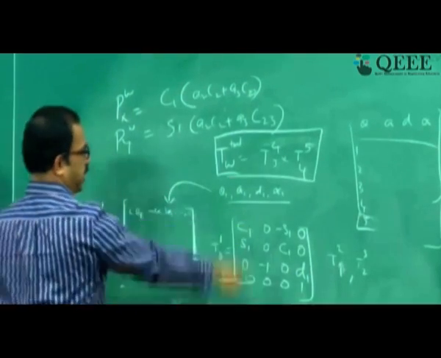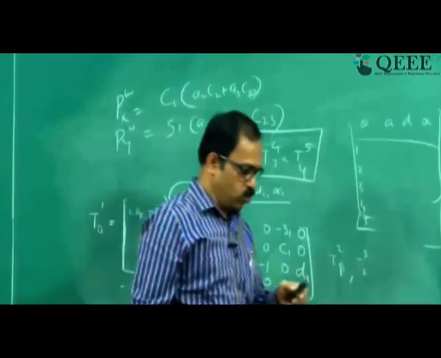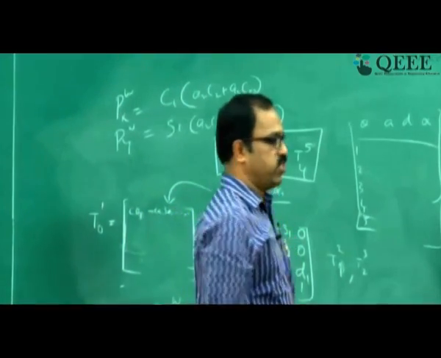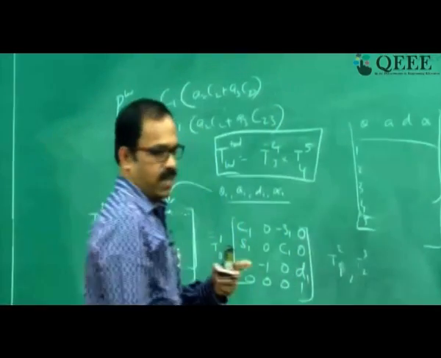The complete relationship from tool to base is given there in the slide. The last column shows the position vector of the tool with respect to base as a function of theta 1 to theta 5, or exactly theta 4 in this case.